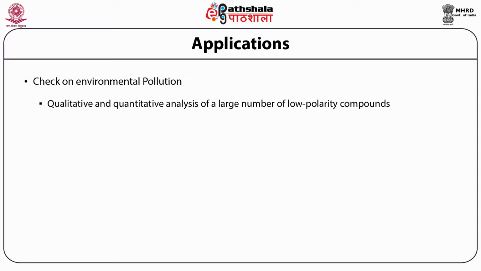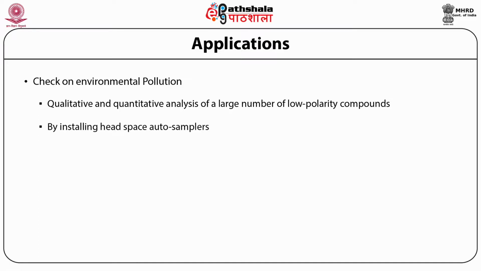With the application of various detector technologies like mass spectroscopy, gas chromatography can be useful in detecting very small amounts of pesticides from environmental samples. Gas chromatography has been used to check on environmental pollutants.